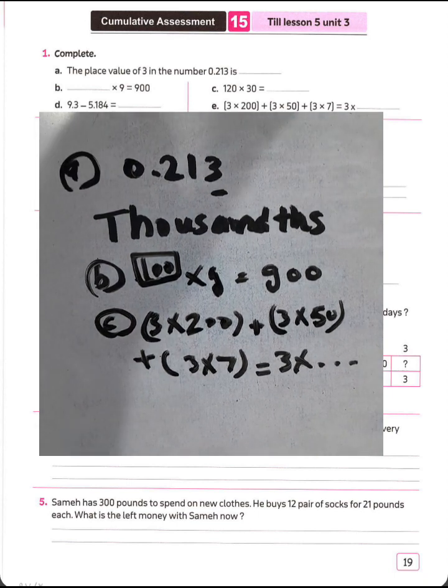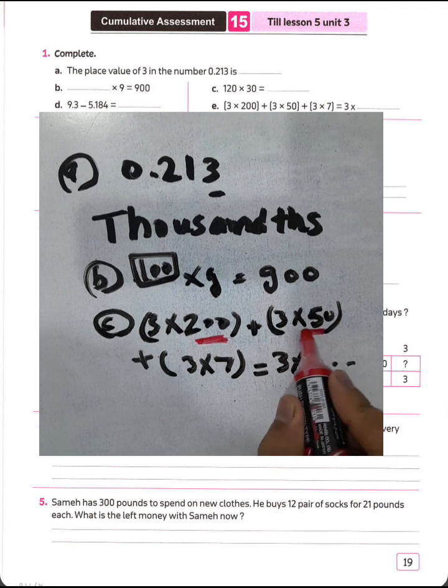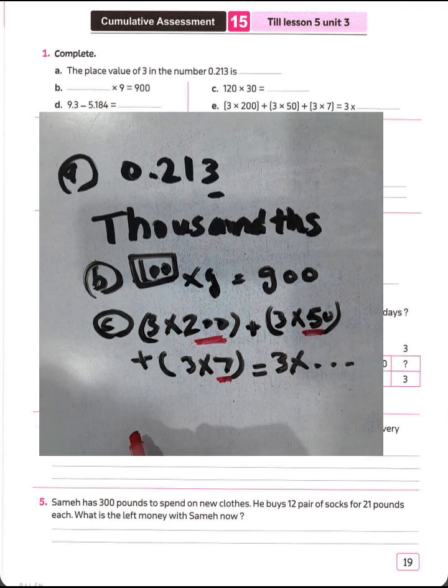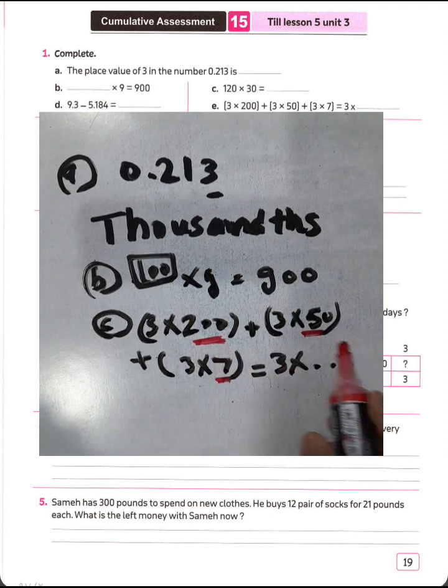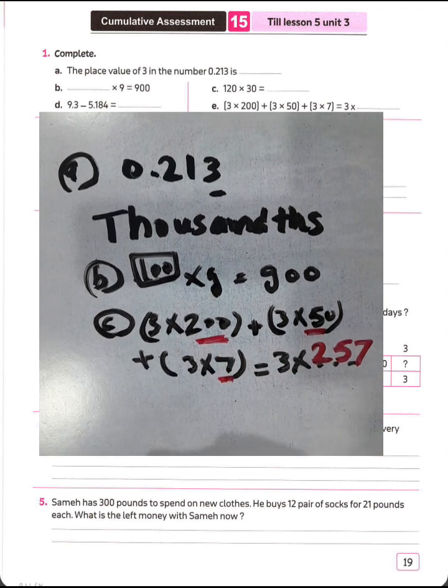Who can tell me the original number? We can find the original number by adding all the numbers: 200 plus 50 plus 7. We use the distributive property. It was 257. Add 200 plus 50 plus 7.